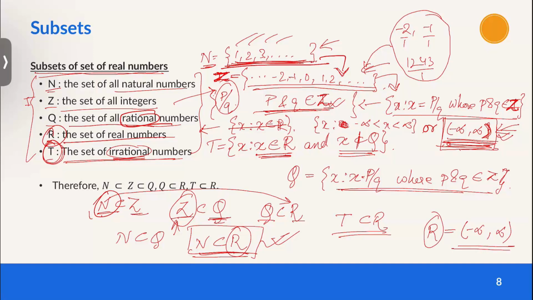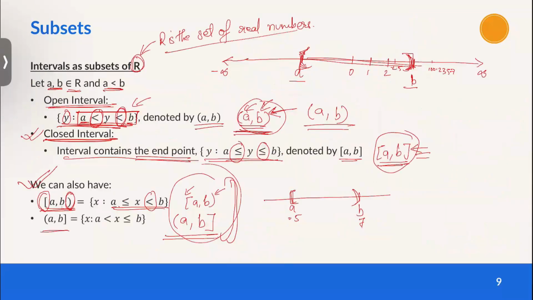So all the numbers in between minus infinity and plus infinity are there in the real numbers, excluding minus infinity and infinity, right? So this is a representation of a set in interval form. It is very important. In mathematics, when you learn other chapters, you will come across this expression of a set. So this is all about interval form.